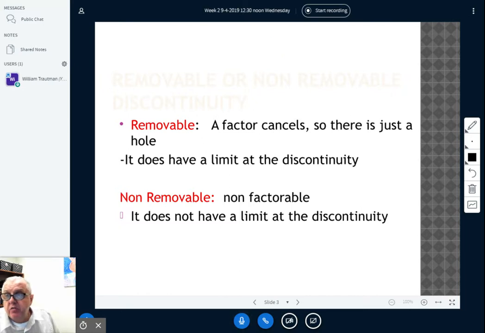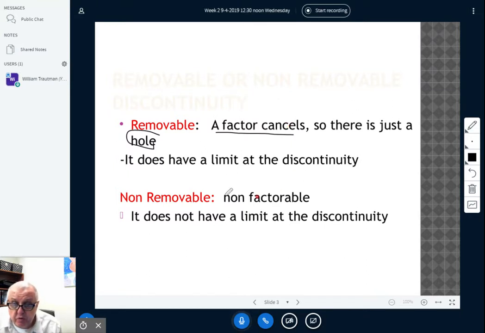A removable discontinuity is a hole in the graph, and this is often caused by when you have a factor in the numerator and denominator that cancels each other out. It's often called by that.